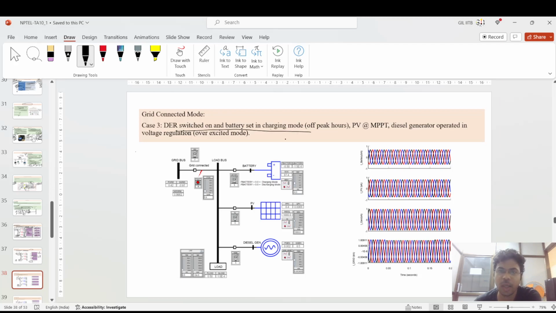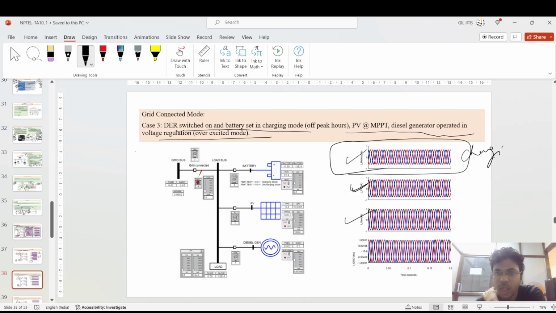Coming to the third part, when the DER is switched on and the battery is in charging mode in the off-peak hours, the PV is operating in MPPT, and the diesel generator is operating in voltage regulation or excited. In this situation, the PV is generating 1000 amperes, the battery is also taking certain power, and the generator is delivering some.